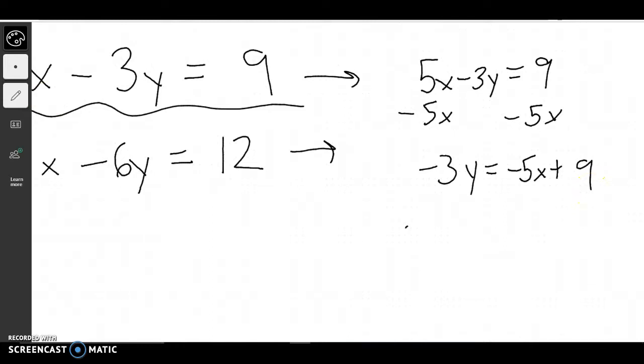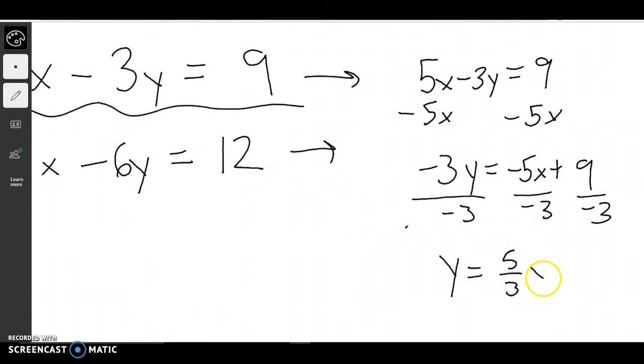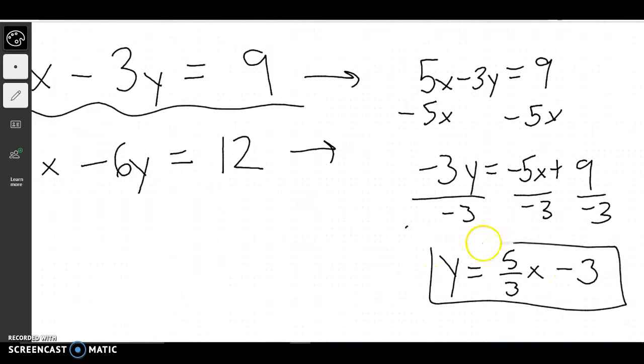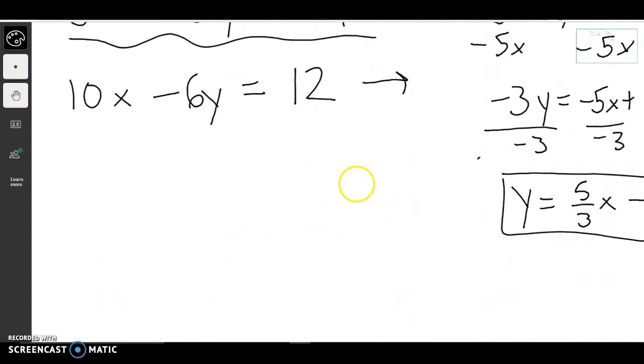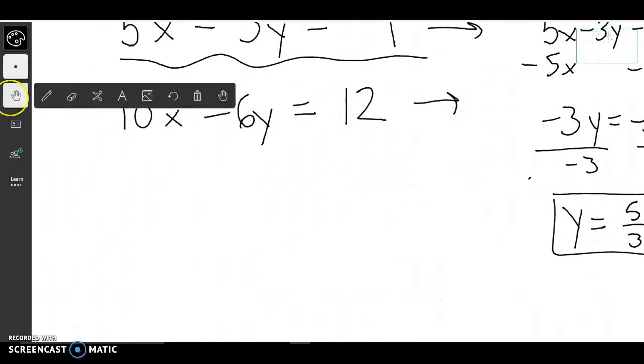And then, after I subtract that 5x, I'm going to divide by -3 to get the y by itself. So 5 divided by 3 is going to give us 5 over 3x. And then 9 divided by -3 will give us -3. So there's one of our equations. Let's find this other one.